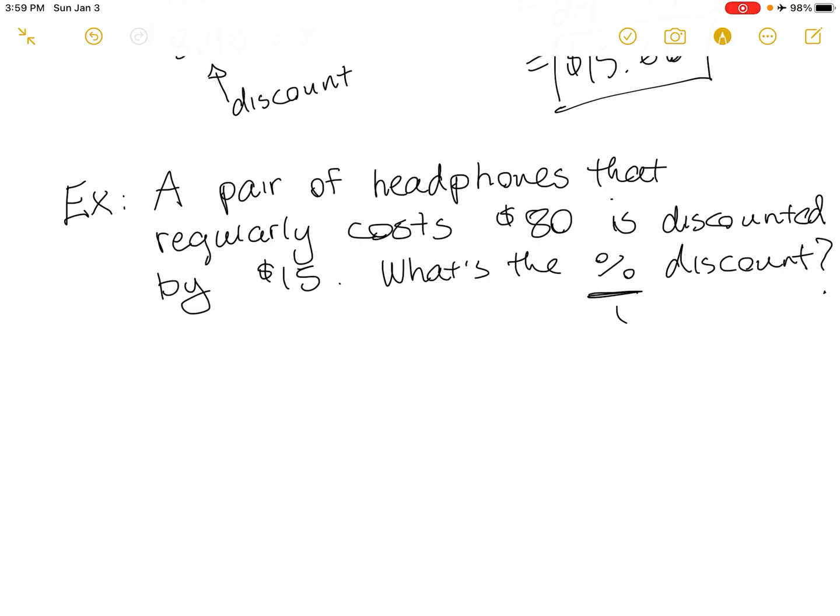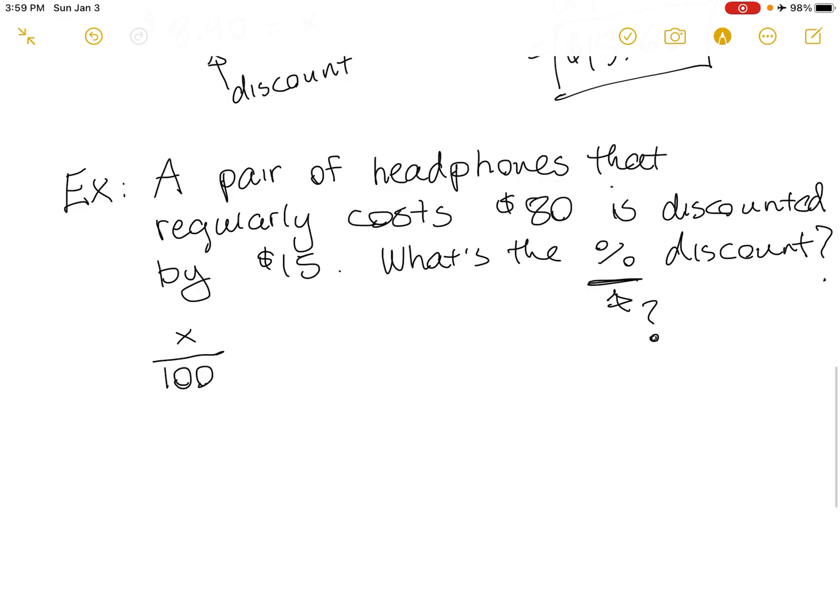Okay, well, this time we're looking for the percent. We don't know what the percent is. Well, a percent, like 20%, is always 20 over 100. So the percent is always given to us over 100. If that's what we're looking for, then the thing over 100 is going to be our unknown.